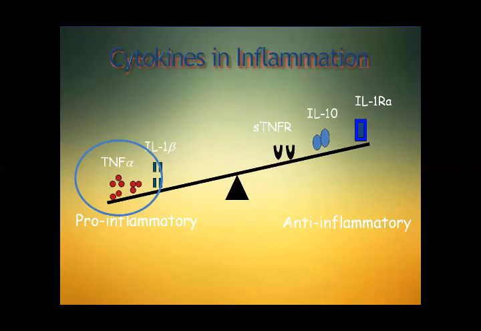And if you look at interleukin 1, interleukin 10, and the tumor necrosis factor, tumor necrosis factor and interleukins are the pro-inflammatory cytokines. They are high in number, and that leads to severe inflammation of the muscles, and these are the inflammatory processes.